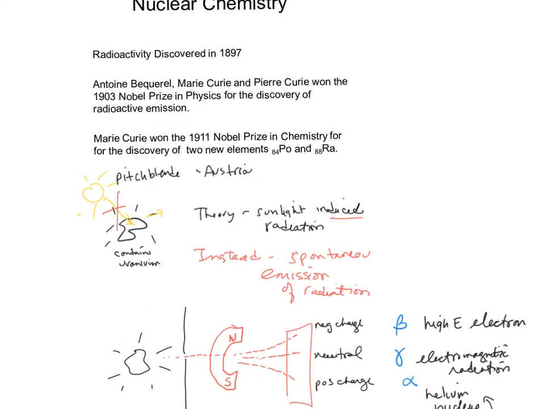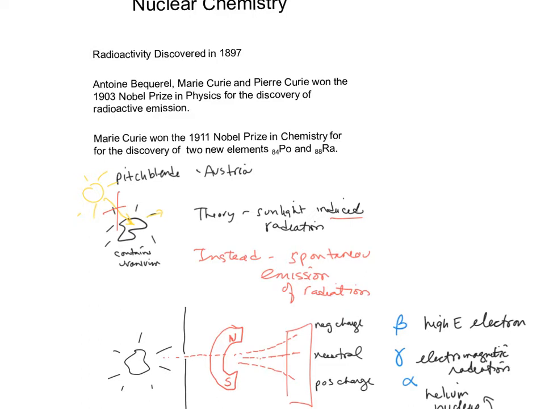Her job was to take this pitchblende, which was coming by the ton from Austria at this point, and chemically extract the uranium out of the mineral salt material. She was able to do that through these solvent extractions and different things.